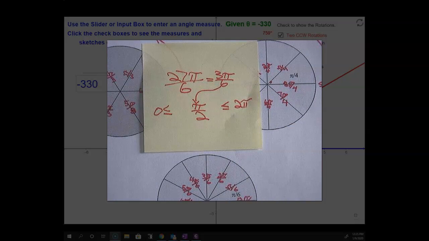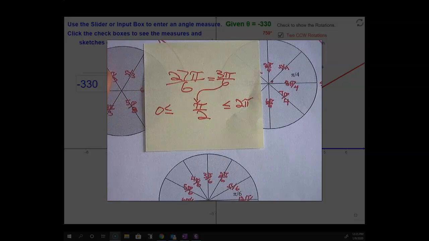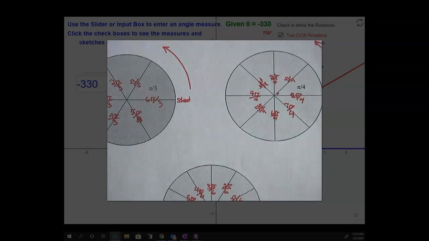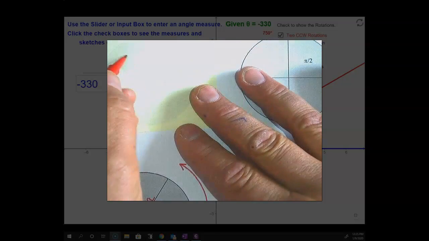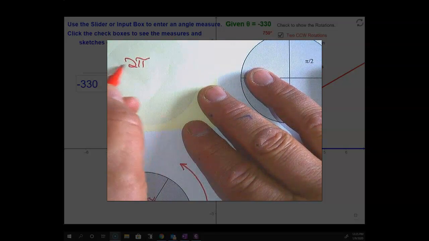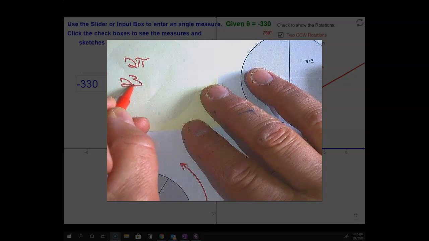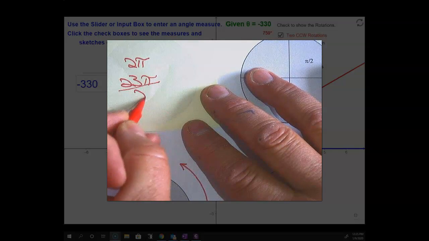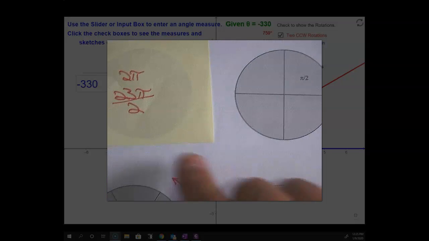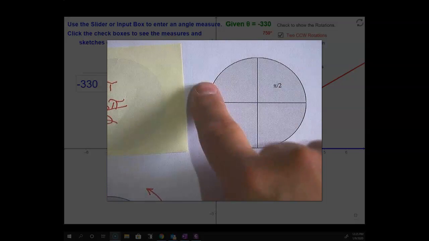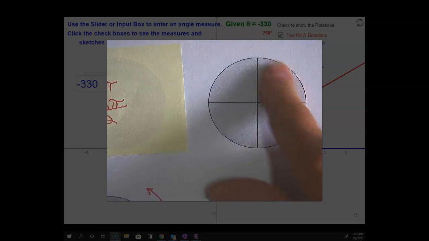If you did 23 pi over 2. All right, so pi over 2 cuts your pizza into 4 pieces.